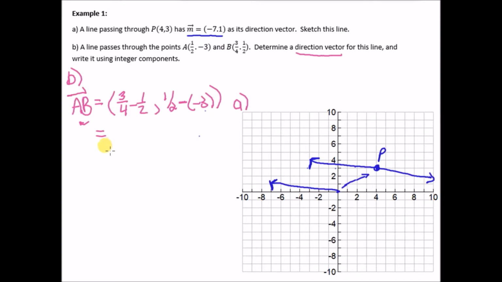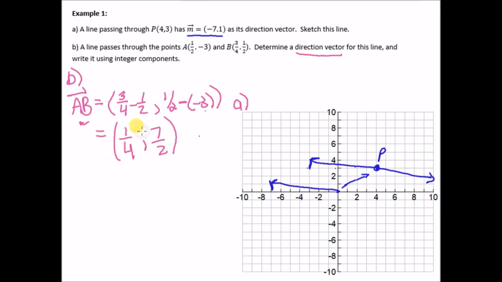Okay, so now all we have to do is calculate what is 3/4 minus 1/2. I get 1/4, and 1/2 plus 3. So for this, I get 1/4, comma, 7/2. Now, this is the direction vector. We don't want the direction vector to have any fractions.